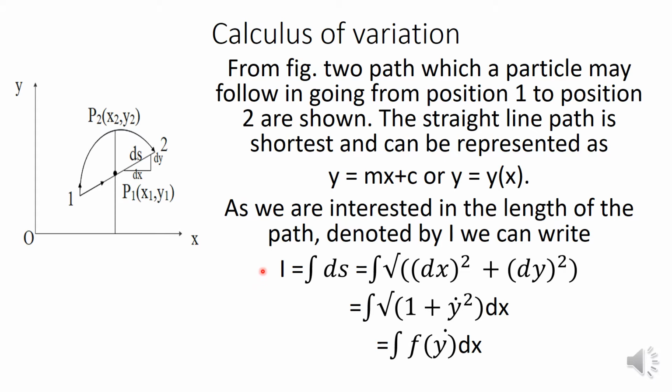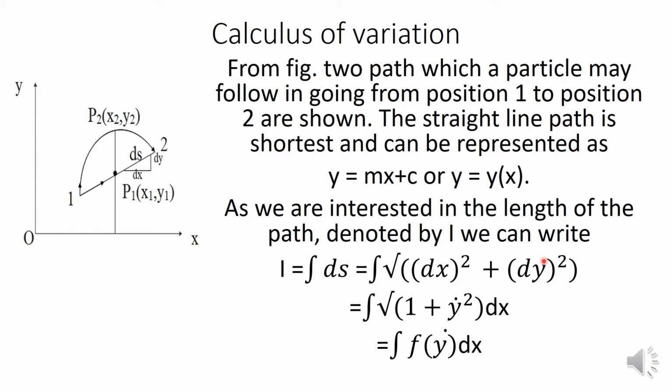As we are interested in the length of the path denoted by capital I, we can write I equals integration ds, equals integration square root of dx square plus dy square.